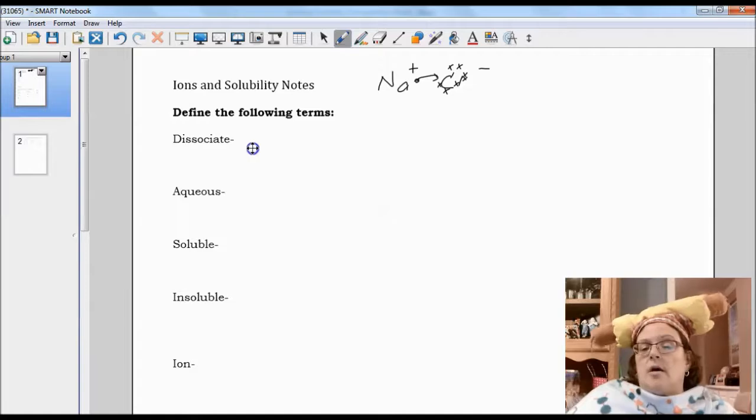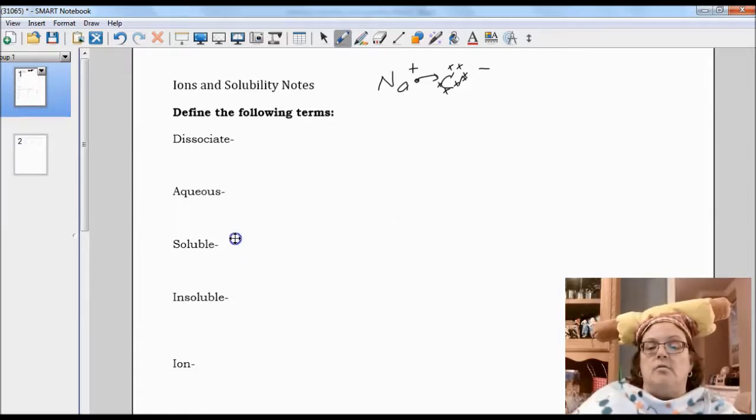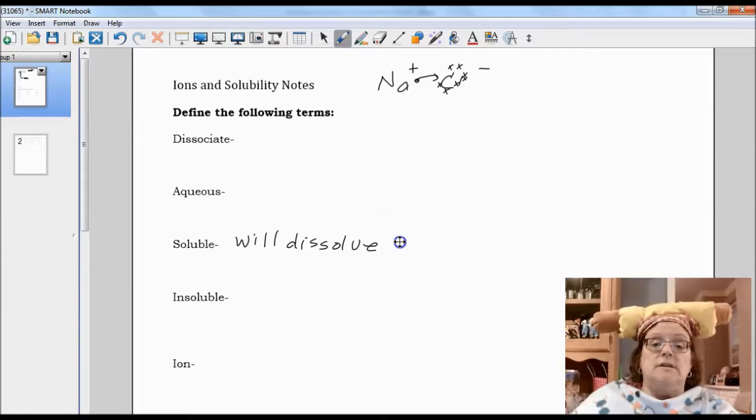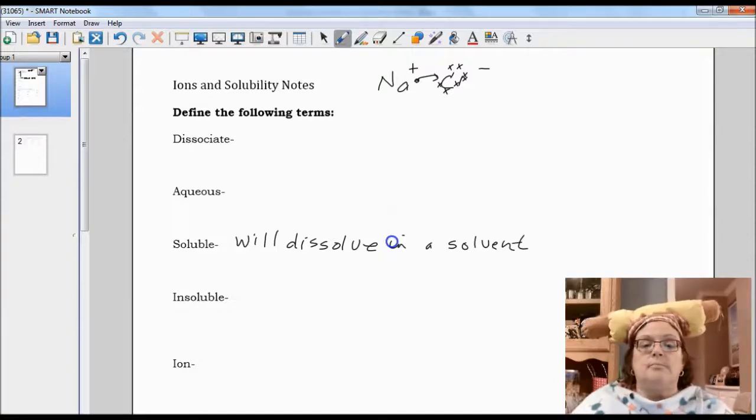If you have an ionic compound that is soluble in water, I'm going to start with the word soluble. Soluble means it will dissolve. It'll dissolve in a solution, in a solvent. In this case, water.